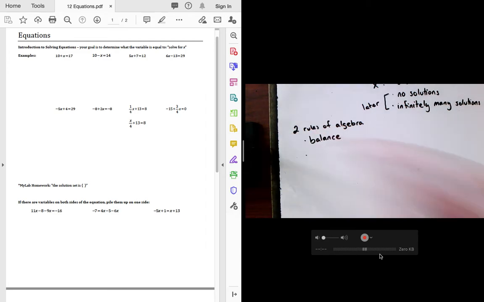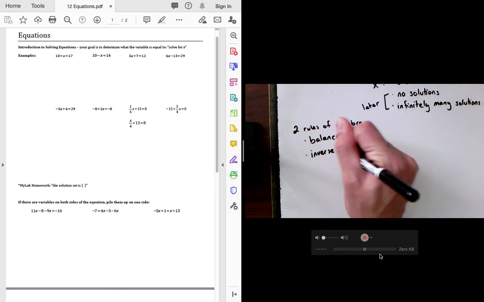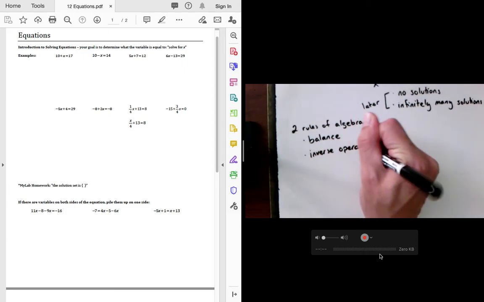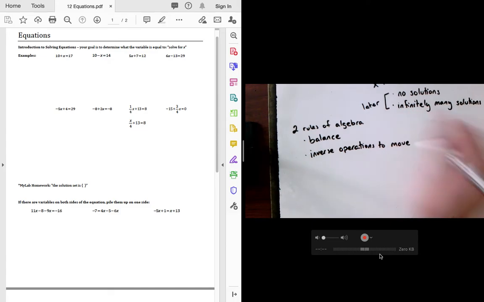The other rule of algebra is the idea of inverse operations to move. The goal of solving an equation really is to trim pieces away from the unknown value, trimming pieces away from x, until we just get x completely by itself.